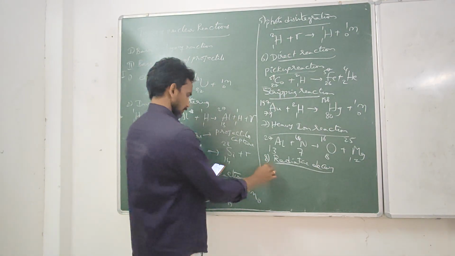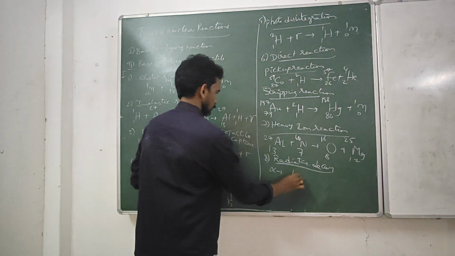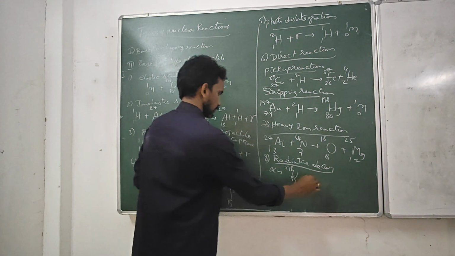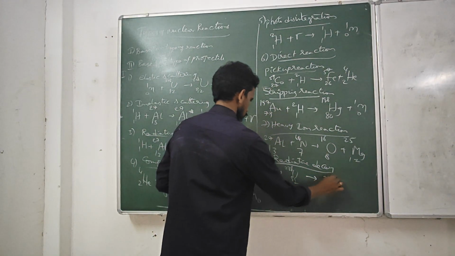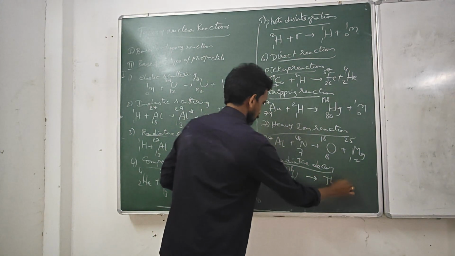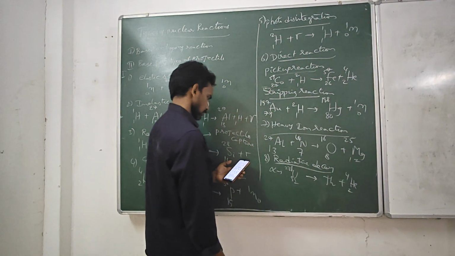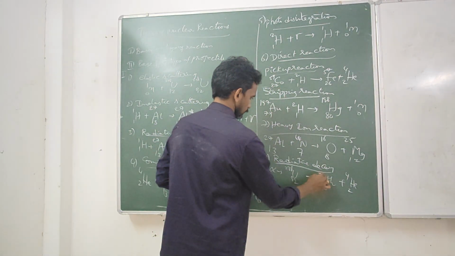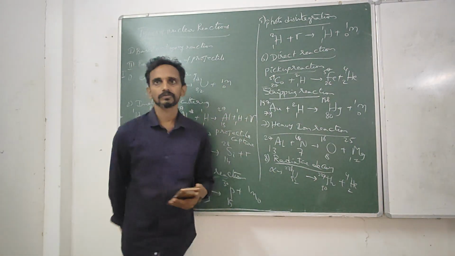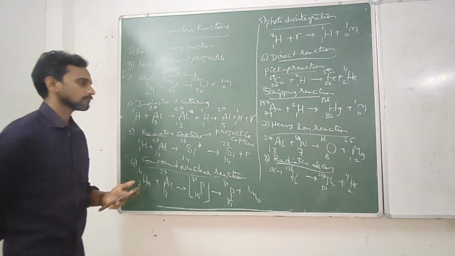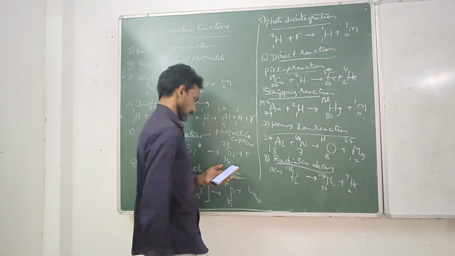So alpha decay: U-238 92 gives you thorium. I mean, you get an alpha particle, He-4 2. Remaining is what? Th-234 90. U-238 92 becomes thorium after alpha decay.